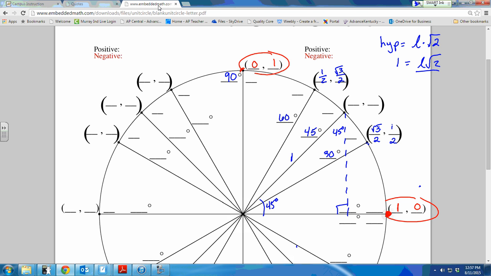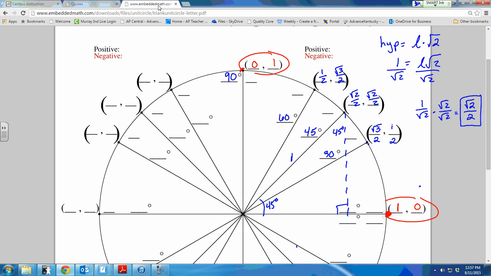Divide by the square root of 2. Now, of course, we can't have radicals in the denominator. So we're going to rationalize. But that means that both of the legs are the square root of 2 over 2. Both of them.